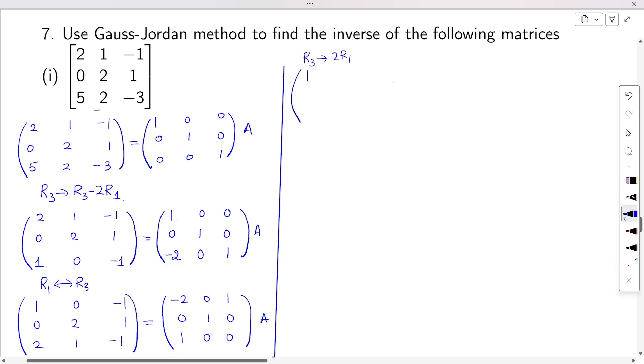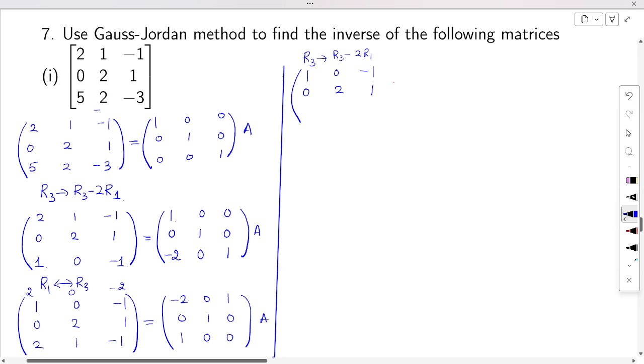This becomes 1, 0, minus 1, 0, 2, 1, and this is 2, 0, minus 2. So on R3 we are applying R3 minus 2R1.